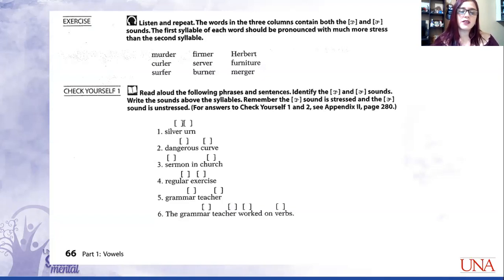And then in this exercise, you have to identify if the sounds have either the stressed or the unstressed pronunciation. So you have to write down the symbols according to IPA. Remember that these ones are with this little R on top of the letter. Try to put it next to it, okay?